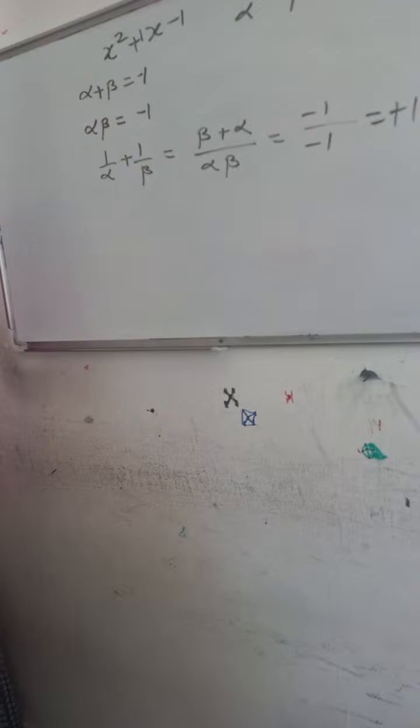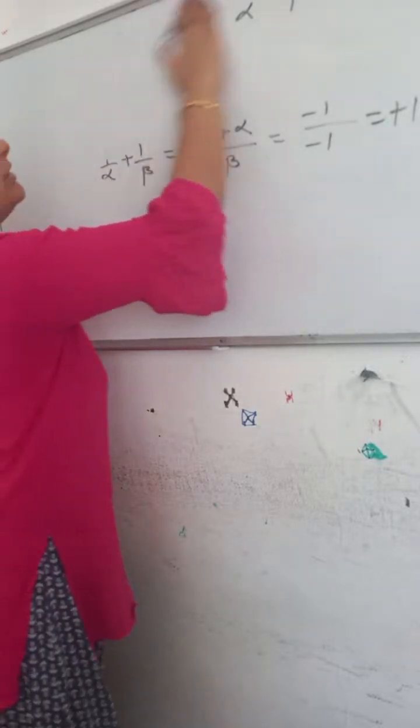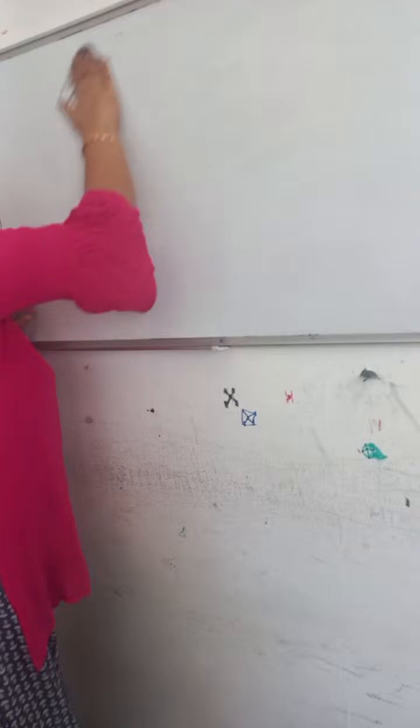Okay, write down next question. If the zeros of the polynomial x square plus 4x plus 2a are alpha and 2 by alpha.